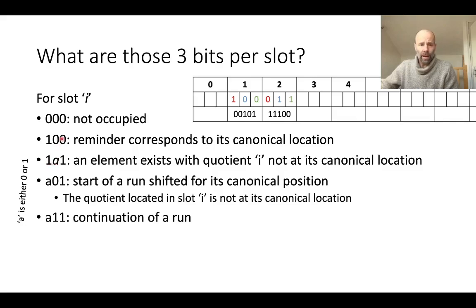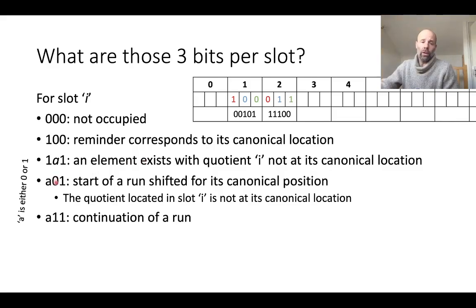If this last bit is equal to 0, but the first one is equal to 1, this means that an element exists with this quotient I, but it's not at its canonical location. Right? We have shifted. This is not the case in this example.